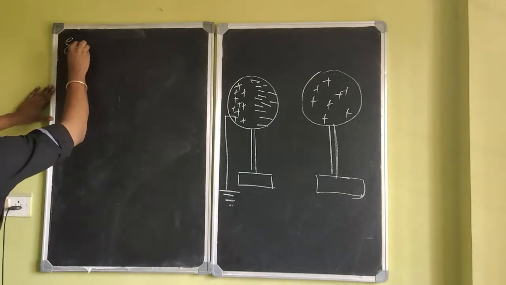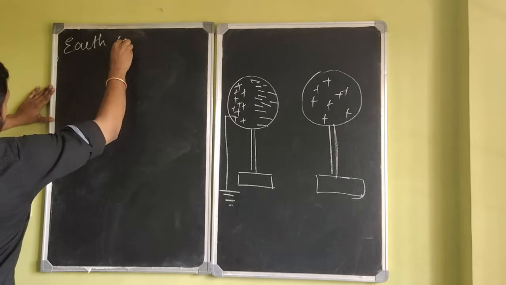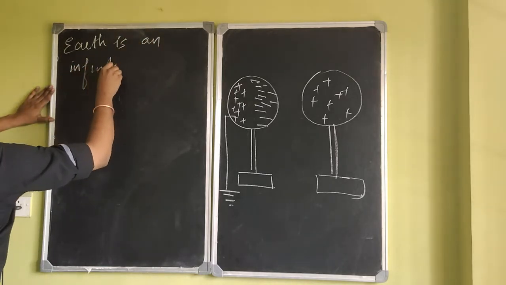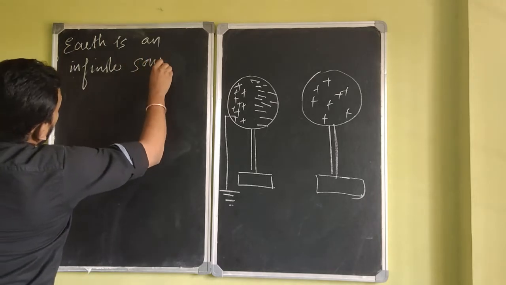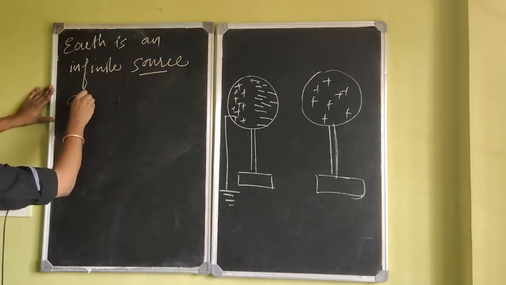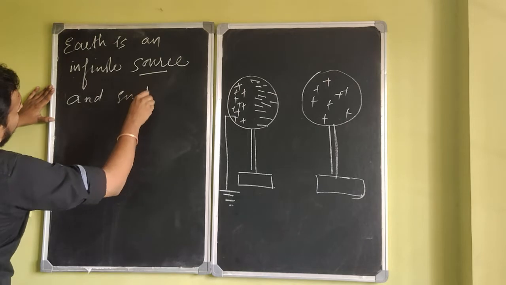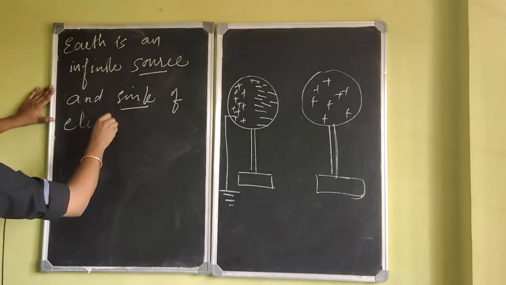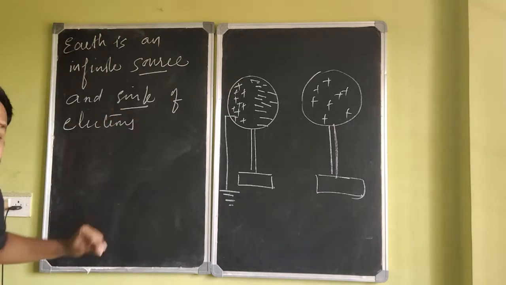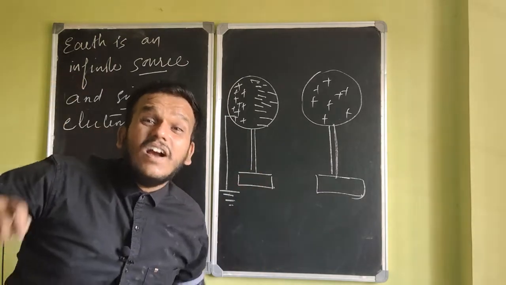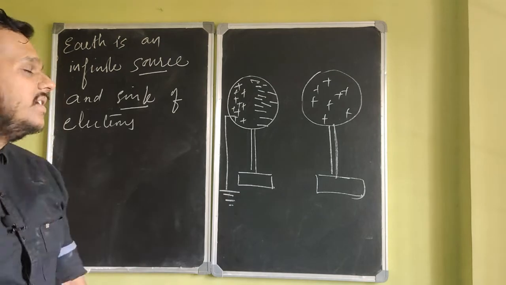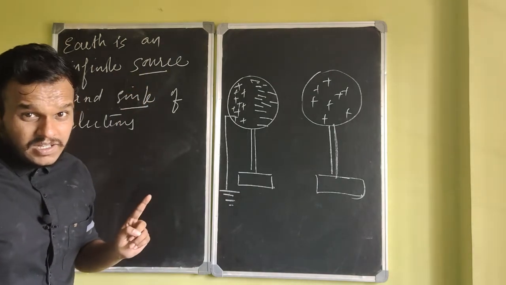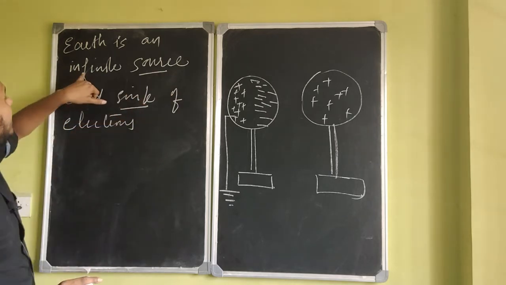Please listen. Earth is an infinite source and sink of electrons. Meaning, if there is a demand, Earth can supply you infinite number of electrons.